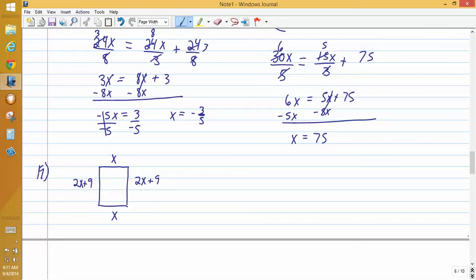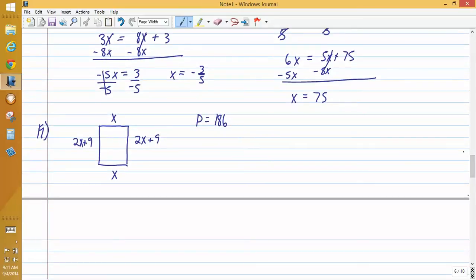Then we have, if the perimeter of the room is 186 feet, what are the room's dimensions? Perimeter means all the way around. So I need to add all the sides up and solve for x, and that'll give me the width. Alright, so x plus 2x plus 9 plus x plus 2x plus 9. That's going to be 6x plus 18.